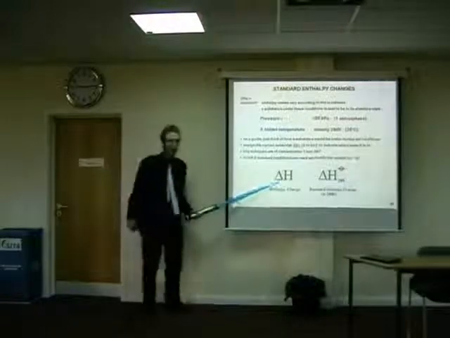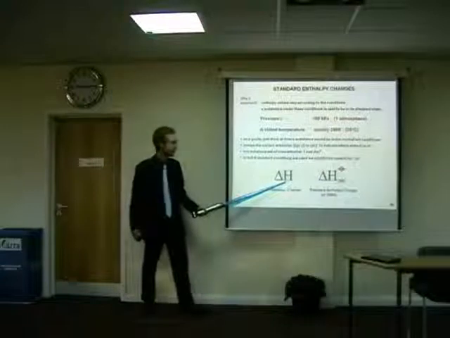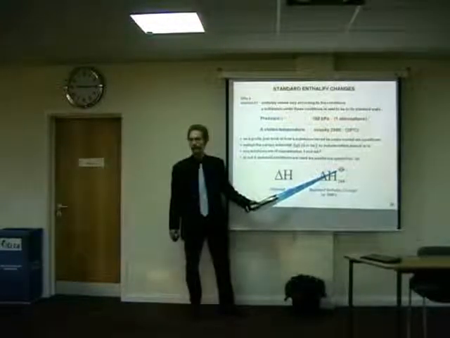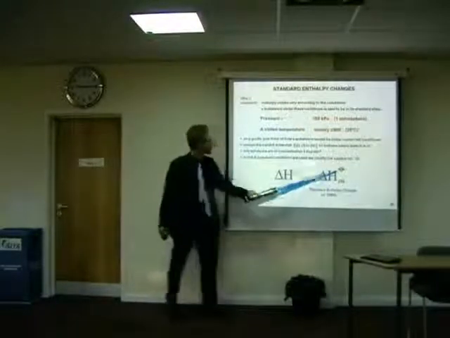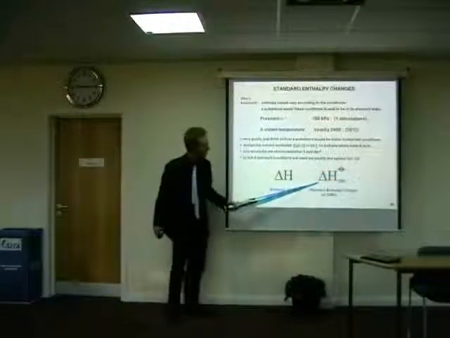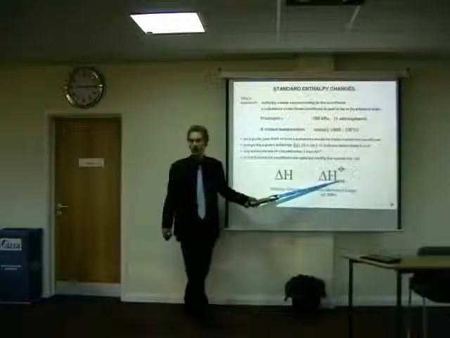The delta symbol I've covered before, the H literally stands for heat enthalpy, and all of a sudden we've got the London Underground sign. This symbol here means standard conditions. So delta H standard, sometimes you see the number 298 as well.